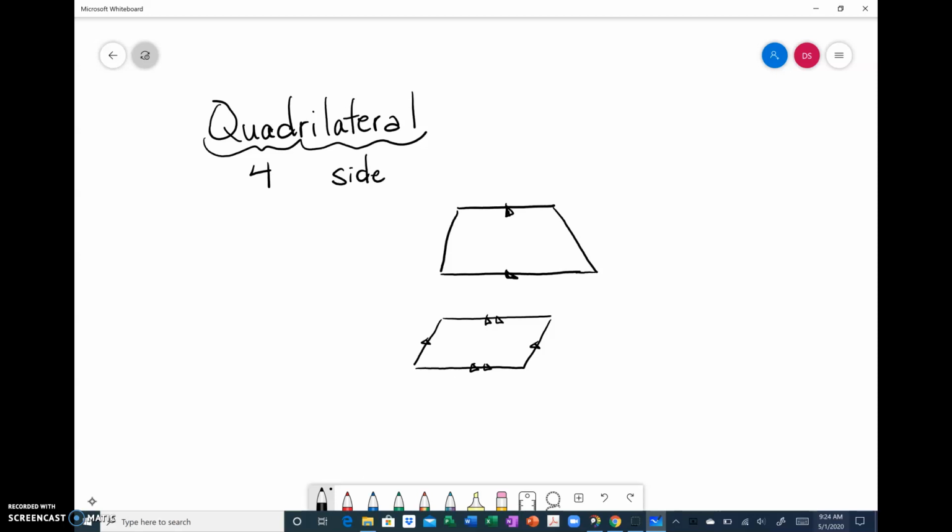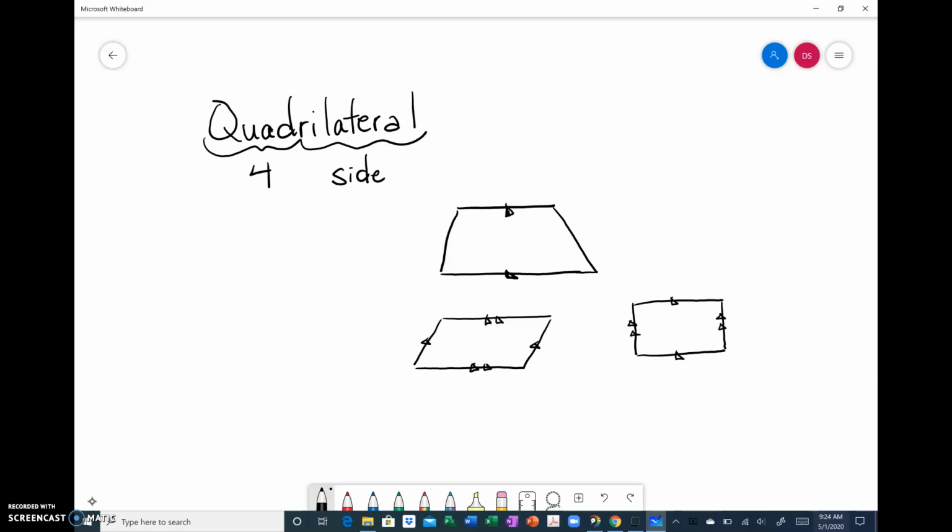The next more specific one is a rectangle. A rectangle, you might be thinking, oh, that's so easy, we did this in preschool. Yes, but there are rules to rectangles. A rectangle is a parallelogram because it has two pairs of parallel sides.